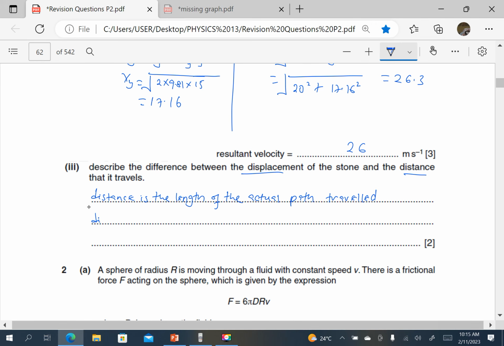Then displacement is the straight line distance between the start, or the starting and finishing point.